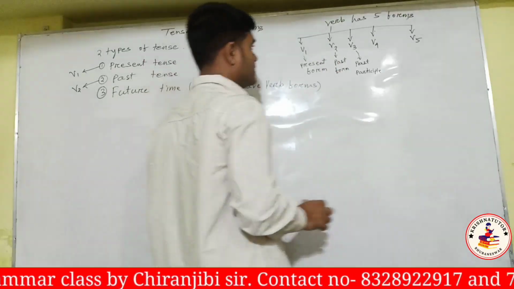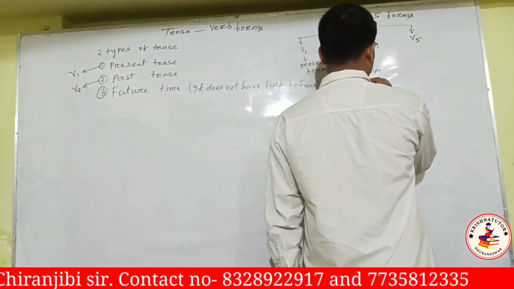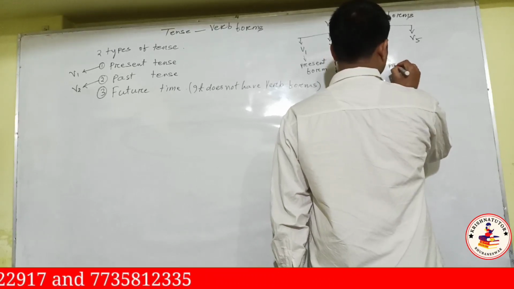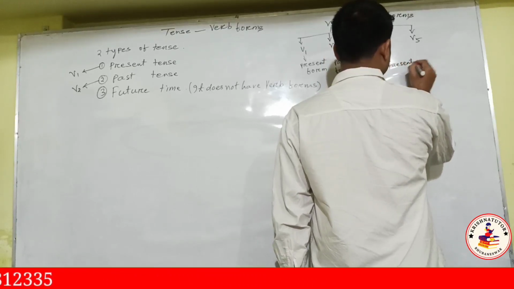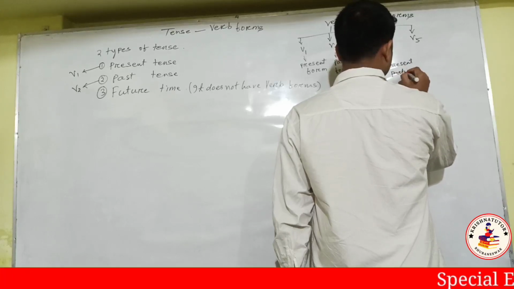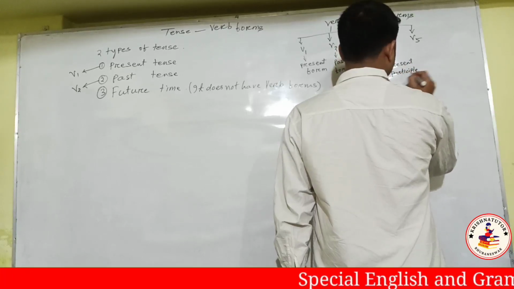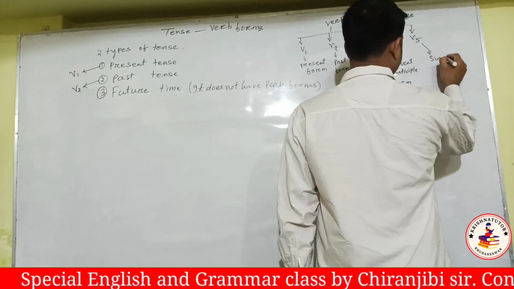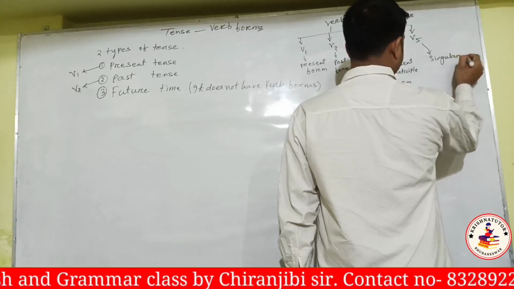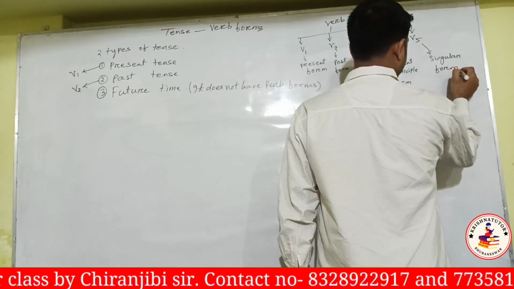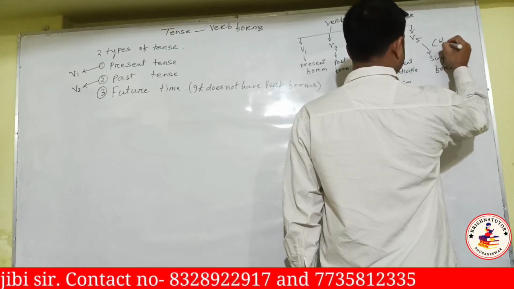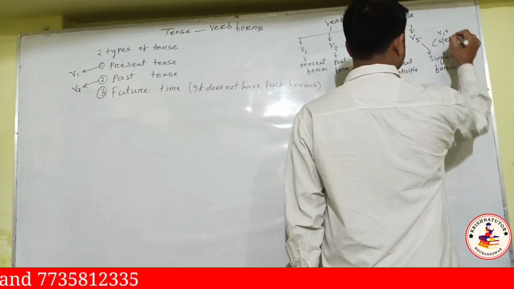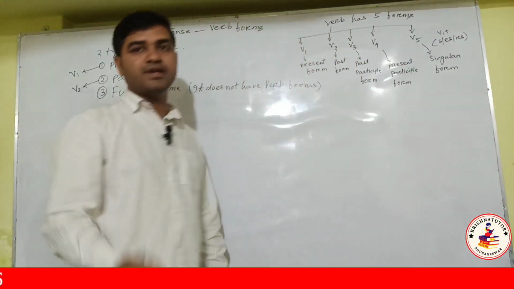And the V4 form is present participle form. And the V5 form is singular form. Here we add S, ES or IES to V1, that is the V5 form, the singular form.